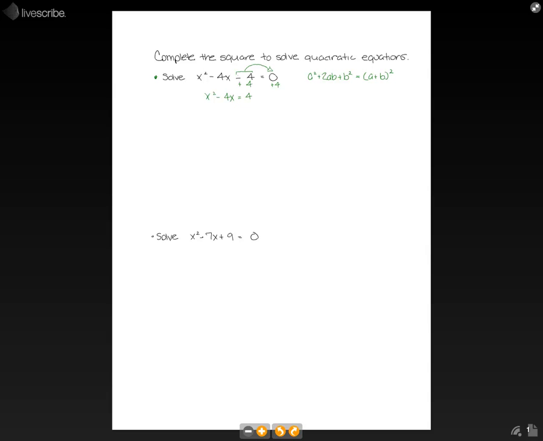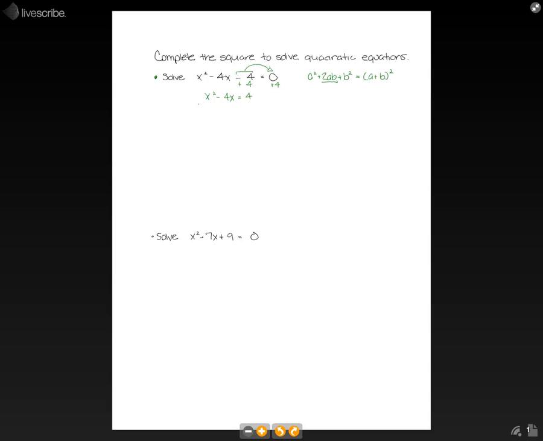We do that by adding the square of half of the coefficient of x. So that comes from the fact that we have the middle term, or the linear term, equaling 2ab, and we're trying to find a b squared. So if we divide the linear term by 2 and square it, then we can get the b term.